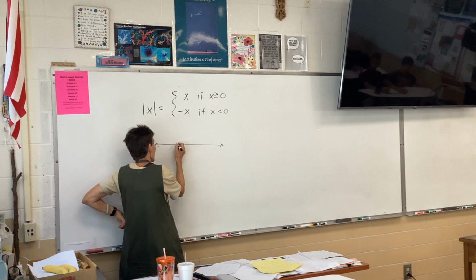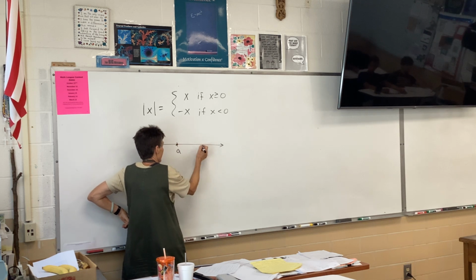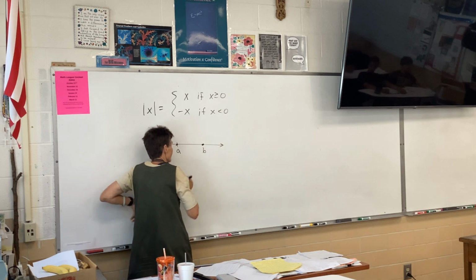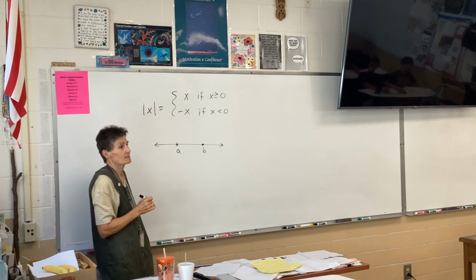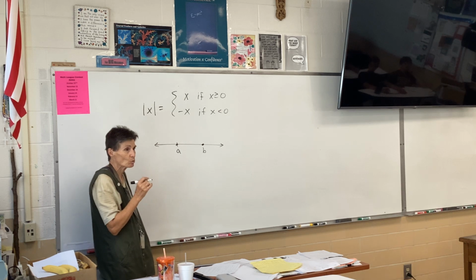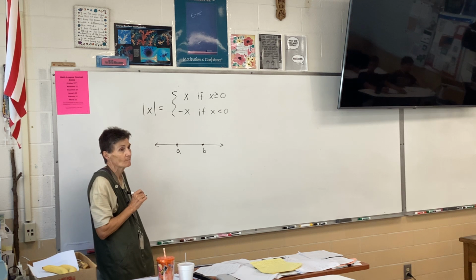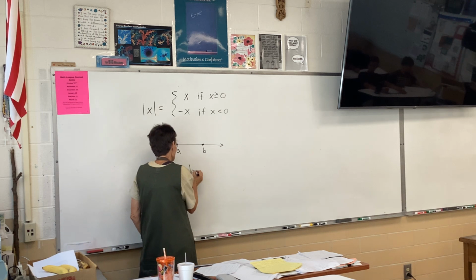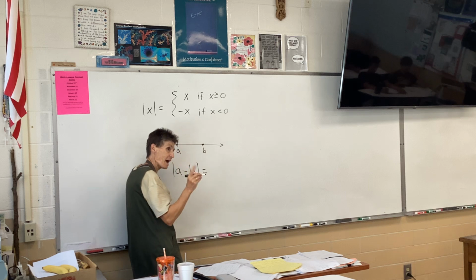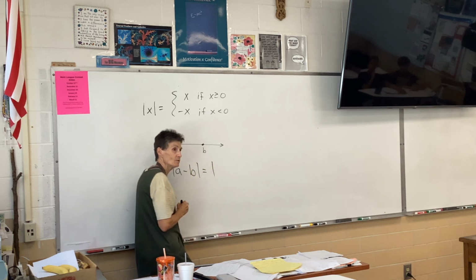But what if I had two just random numbers on the number line, like A and B? How could I express the distance between them? Alex? The absolute value of A minus B. Okay. Which, Alex, would be exactly the same as the absolute value of?